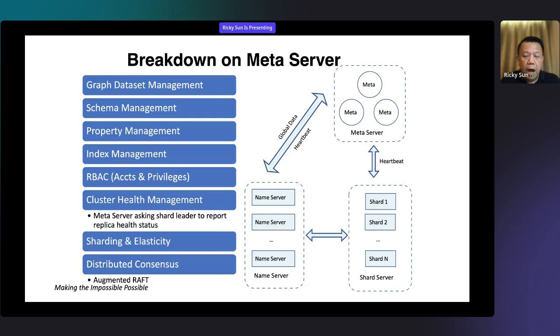Also, the most important factor we never forget is the distributed consensus. Consider this an augmented, strengthened form of Raft.